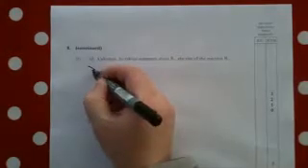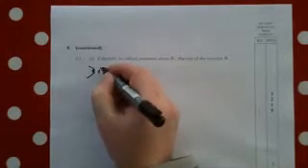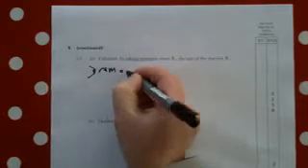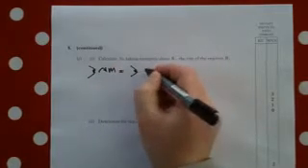So it says taking moments around R2. Well, the first one we can write down is the sum of the clockwise moments is equal to the sum of the anti-clockwise moments. Okay. We also know that a moment is a force times a distance.